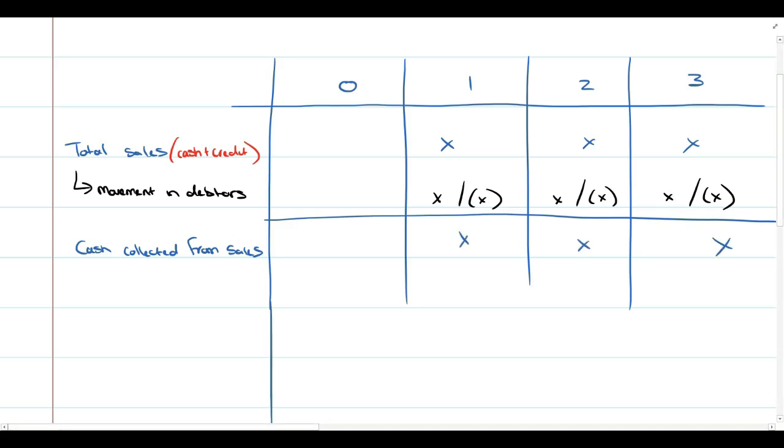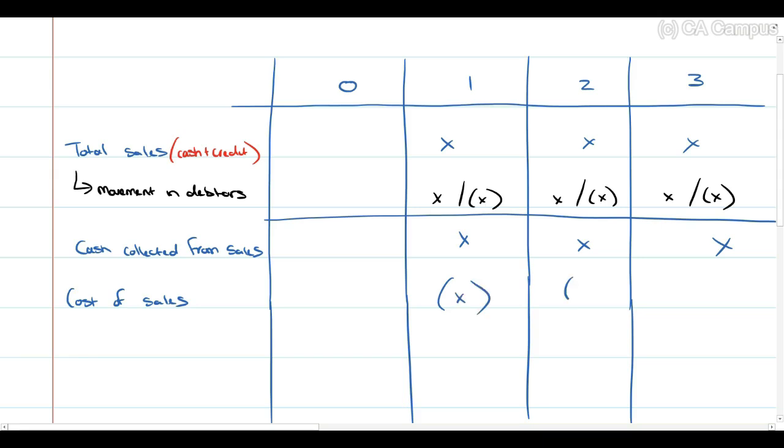Then, still looking at this calculation, we are going to take cost of sales into account. So that's my cash collected from our sales. I then deduct my cost of sales. Now, please note, guys, how do we calculate cost of sales? Remember, cost of sales is just your opening inventory plus any purchases minus your closing inventory.